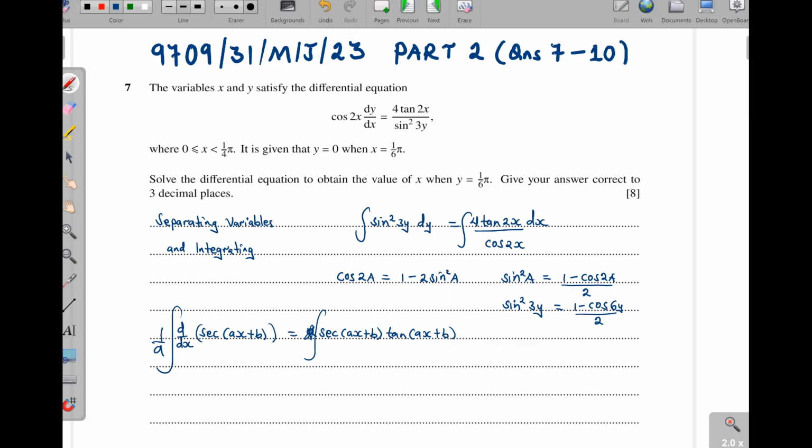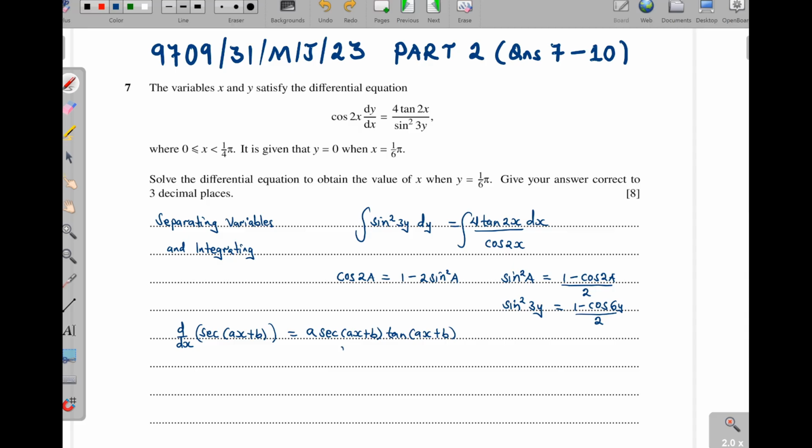So when I do so, that means this integral will cancel with this, and then I'll have 1 over a, then sec of ax plus b, which will be the integral of sec of ax plus b, then tan of ax plus b. You see that?